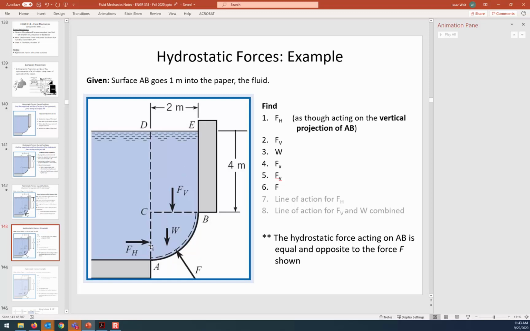So that's one important thing that we learned. The next is that the horizontal force component is determined by considering the projected shape of the curved surface. In this case, the curve projected a vertically oriented rectangle. And we found the equivalent force acting on that hypothetical vertically oriented rectangle. So that's the horizontal force.